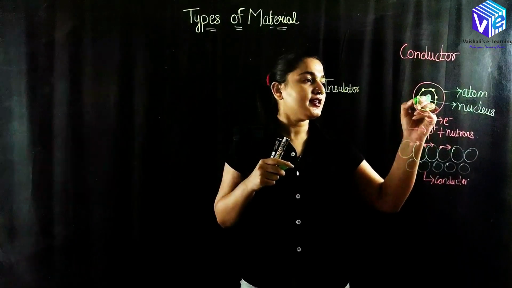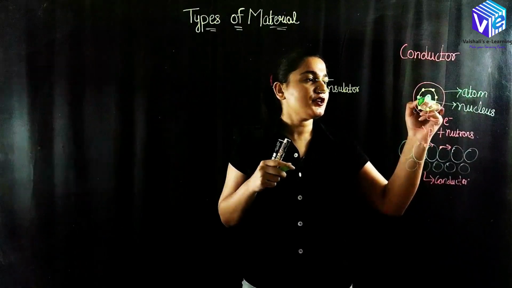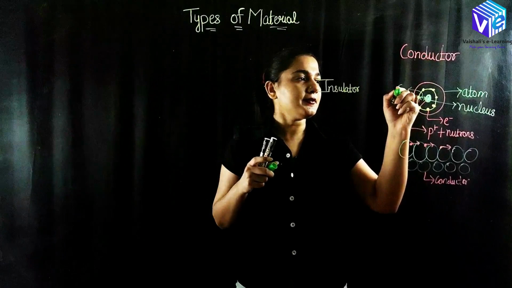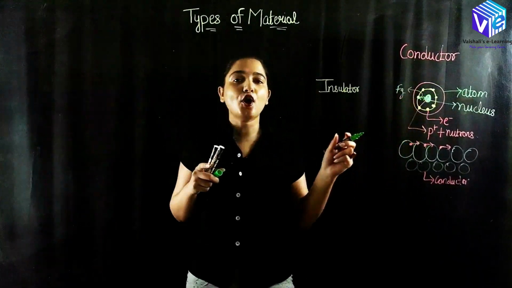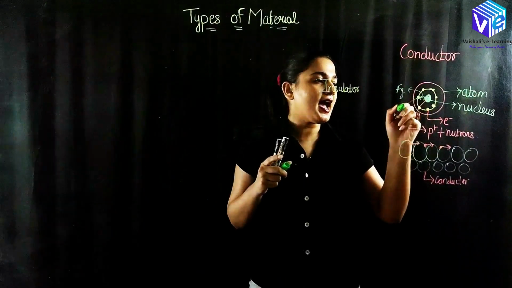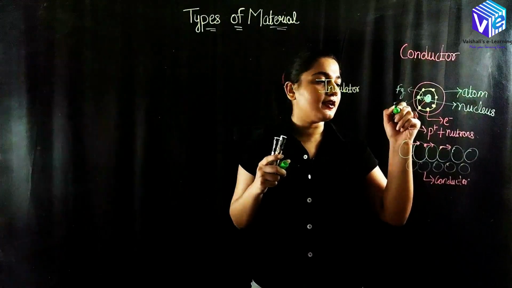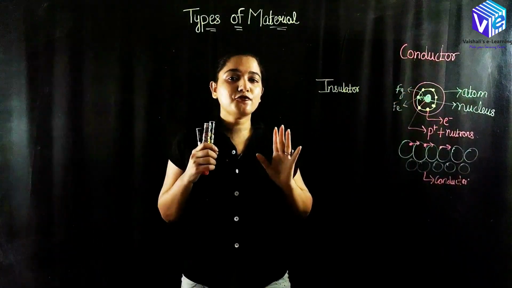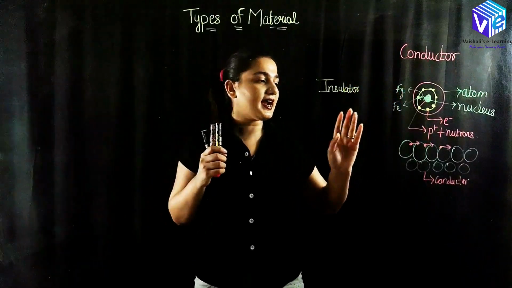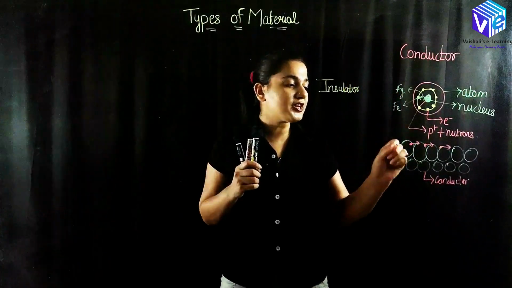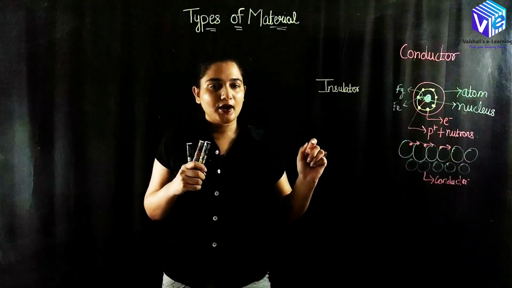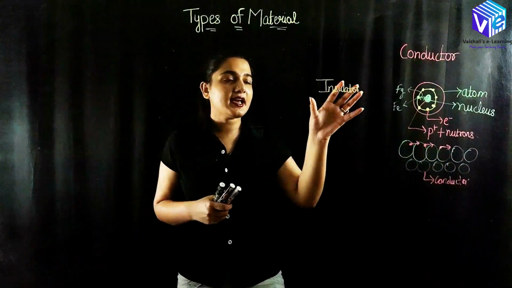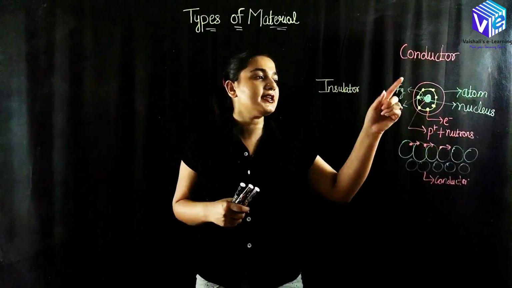Because these have masses, we have Fg, and because of their opposite charges, we have Fe as well. Now in the case of conductors, these two forces are so small that the electron is free to move anywhere. But in the insulator the reverse happens. The electron cannot move anywhere.